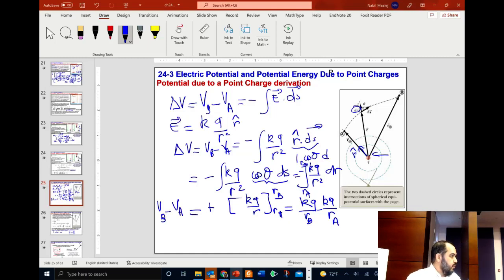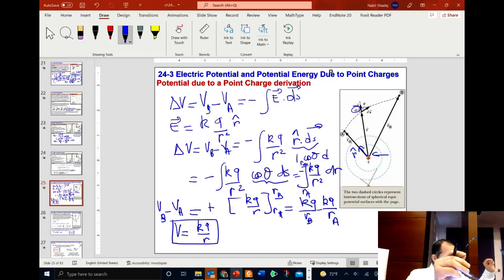So what can we say about the potential? The potential V is just equal to kQ divided by r. If you have a point charge, and you are at a distance r from the point charge, the potential or the voltage is kQ over r.